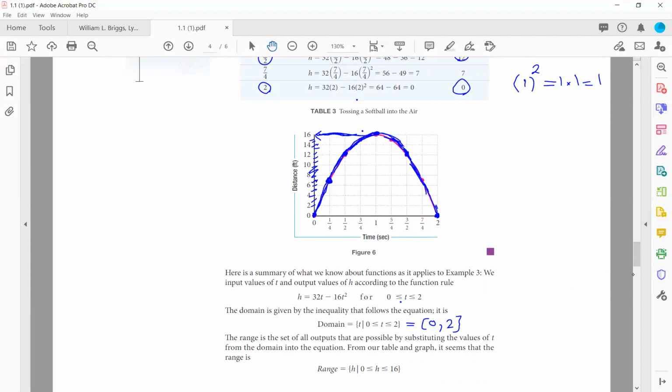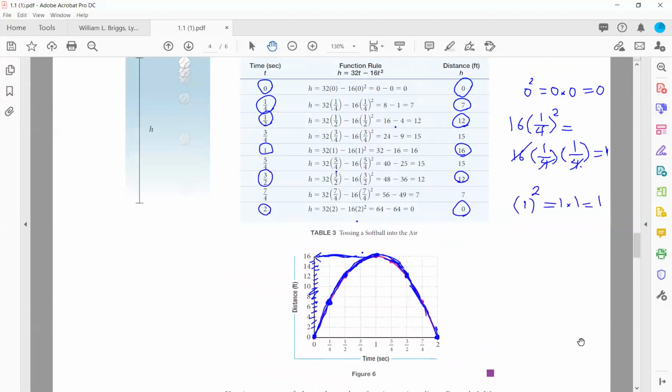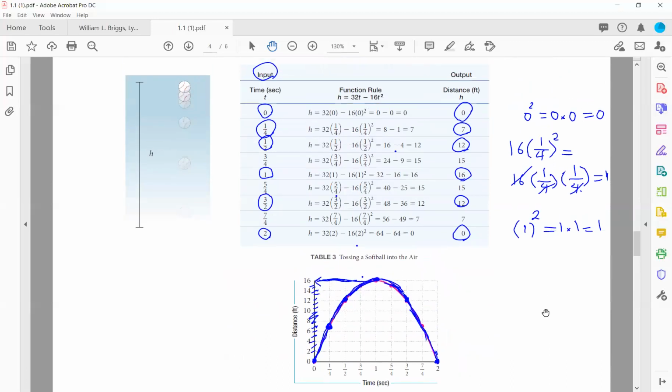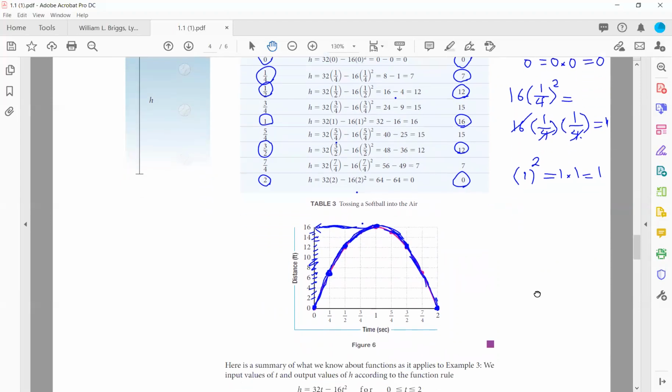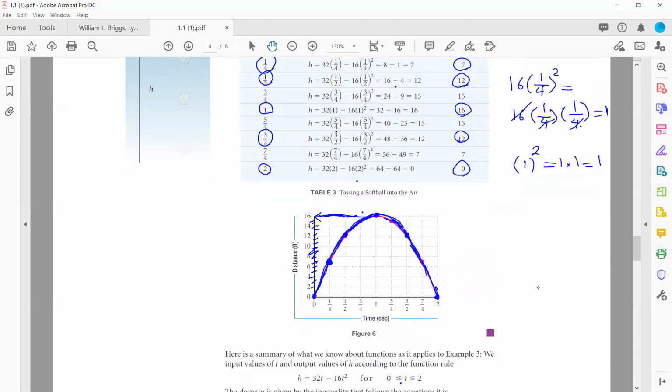So the smallest y value is 0 and the largest y value is 16. You can look at your table as well. The smallest value is 0, the largest value is 16. All numbers in between are included.